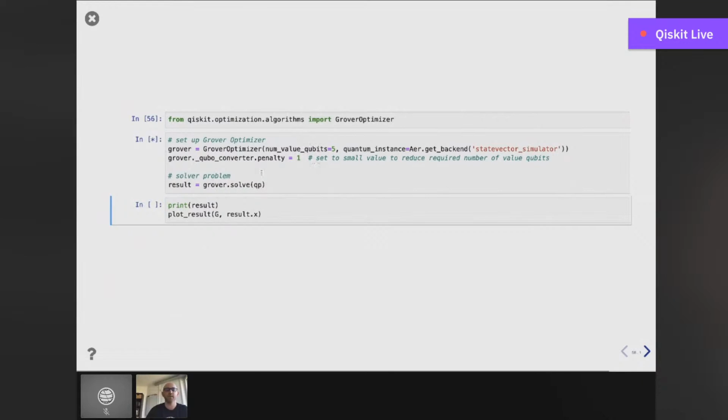So let's recap again what this method actually does. This takes a quadratic program which had a constraint. It maps this to a quadratic program without a constraint and only binary variables, so a QUBO. It translates this QUBO into these oracles for Grover search, and then it adaptively changes these oracles and runs Grover search again and again to find better and better values.